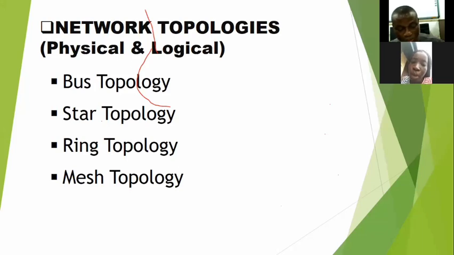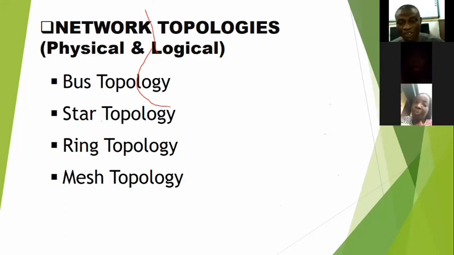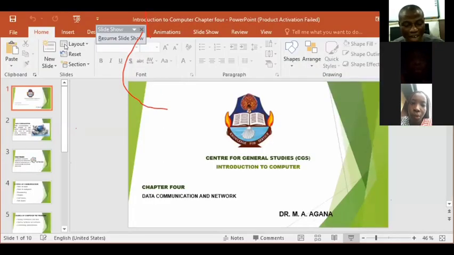Then you have the star topology. In star topology, there is a hub, a controller in the center that connects the devices together in a star-like manner. The hub is sometimes called a concentrator. It transmits signals to all the other components of the network. So we call that the star topology.